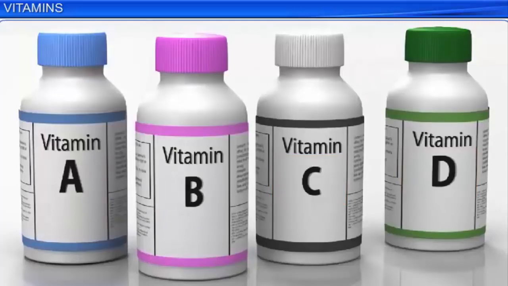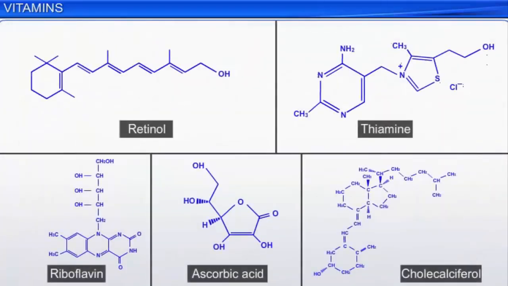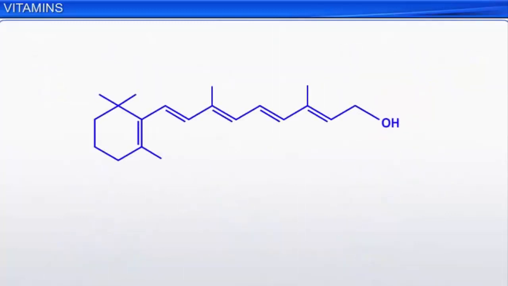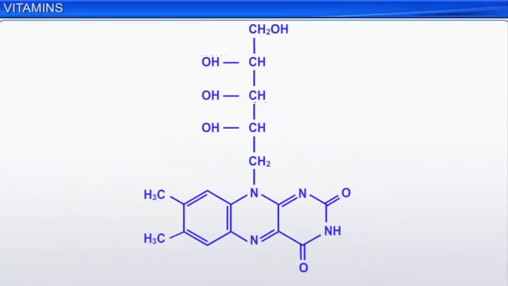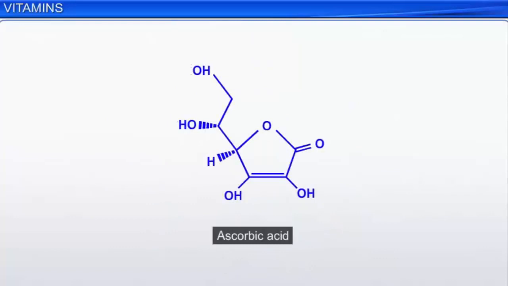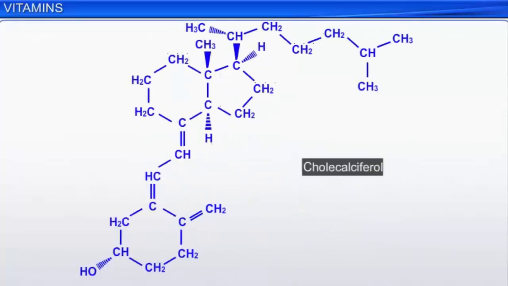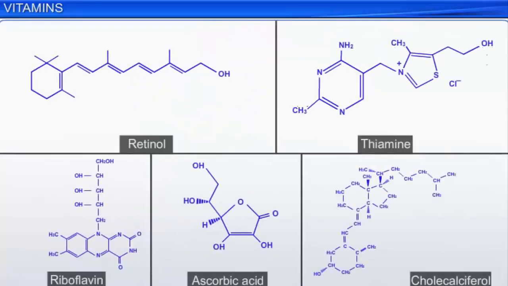Later, the chemical nature of vitamins was established, and therefore, now they are referred to by their chemical names, such as retinol, thiamine, riboflavin, ascorbic acid, cholecalciferol, and so on. However, the vitamins are now referred to by their alphabetical nomenclature also.